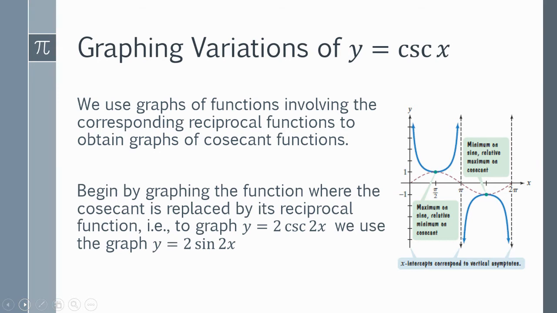Like I said, cosecant relates to sine. So if I was asking you to graph y equals 2 times the cosecant of 2x, we first want to think about graphing y equals 2 times the sine of 2x, and then from there we can easily draw in those vertical asymptotes and create those parabola-looking shapes at the maximum and minimum of the graph for sine.